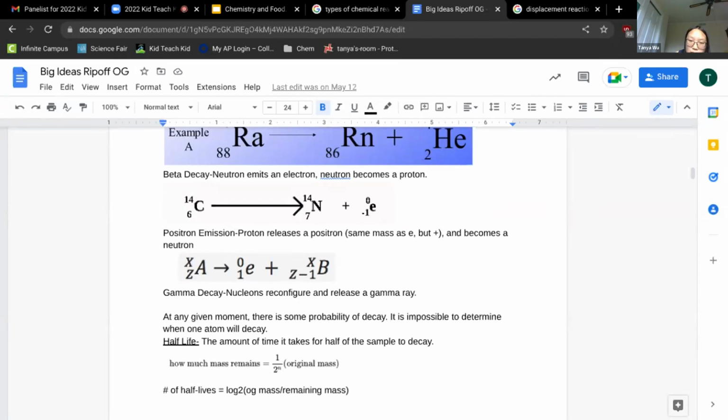So the mass number is still going to stay the same, but again, the atomic number will change. It will decrease by 1. And then gamma decay, it's just going to reconfigure and release a ray that is very powerful. But nothing really changes. It's just more stable after it released the energy.